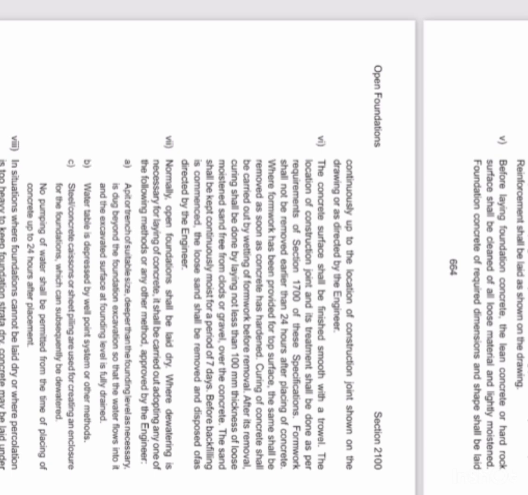The concrete surface shall be finished smooth with a trowel. The location of construction joints and its treatment shall be done as per requirement of section 1700 of the specification.